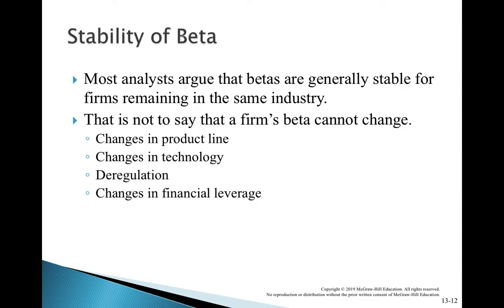If the company changes the technology, beta will also change. If the company goes into deregulation, where earlier it was under the government clutch and now it is out of it, then also beta will change. Similarly, if the financial leverage or operating leverage changes, then also beta will change.